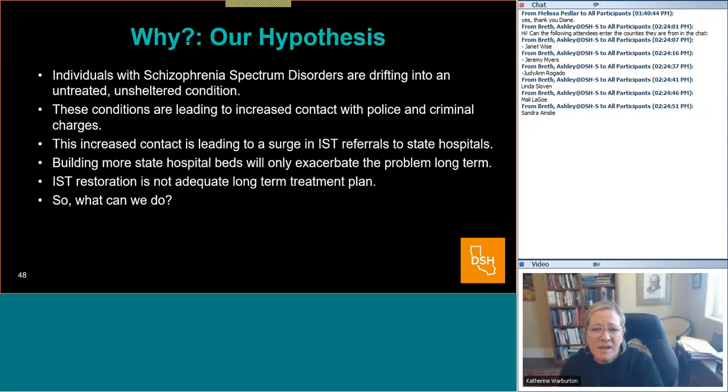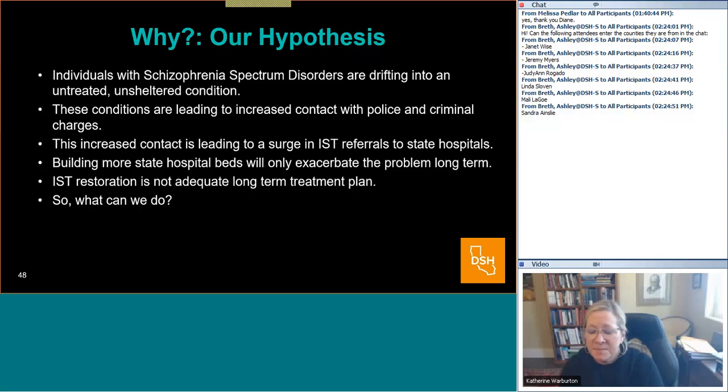This increased contact is leading to a surge in people being found incompetent to stand trial, because if you have someone with a psychotic disorder being arrested more, you're going to have more people incompetent to stand trial. And this is what's responsible, in our opinion, the most likely hypothesis for why we've had this IST crisis.